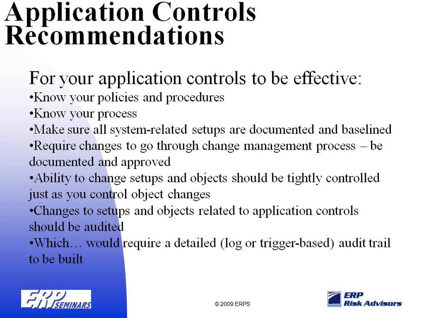So any application control changes, the system setups related to those. Like I mentioned, document types and line types at the PO level are two things that drive approvals and matching requirements for purchase orders. Those changes should go through your change management process, and should be documented and approved like anything else.